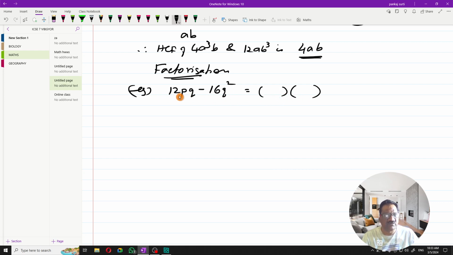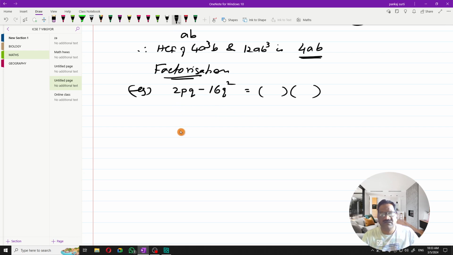Okay, what you have to do is, from this, you will have to take the HCF of these two terms. Okay, right. Now actually, in common language we say just take common out. Okay, but then you have to take the highest factor common out. Okay, this in fact is not 12, but it is 2. Okay, fine.